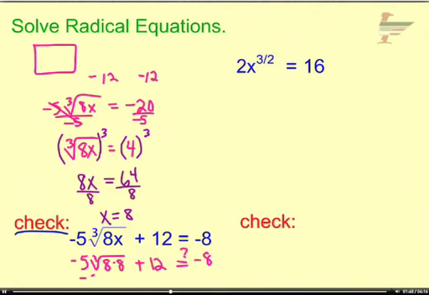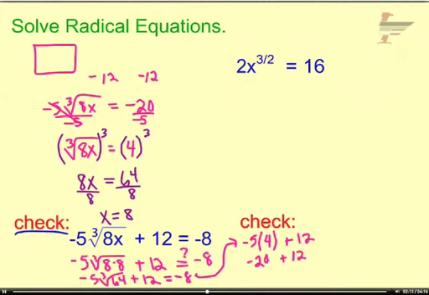So negative 5 times the cube root of 64 plus 12. Does that equal negative 8? Of course, I'm running out of room. I'll just continue over here. So the cube root of 64 is 4. Negative 5 times 4 is negative 20.